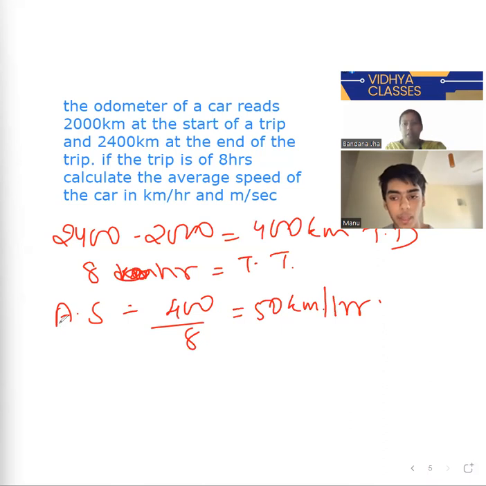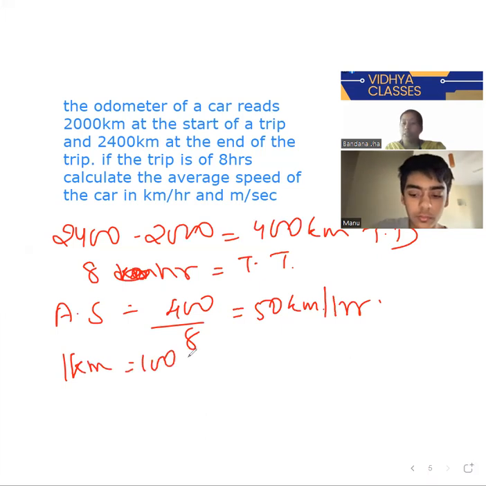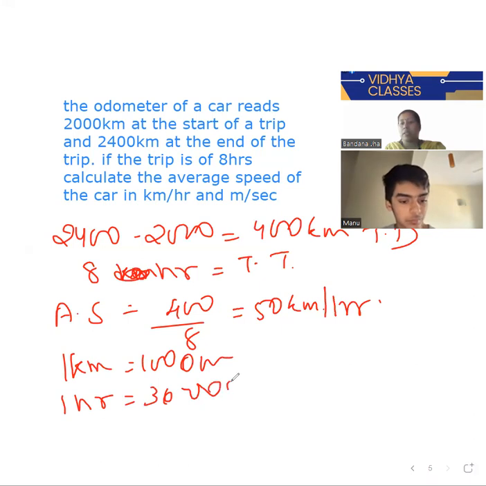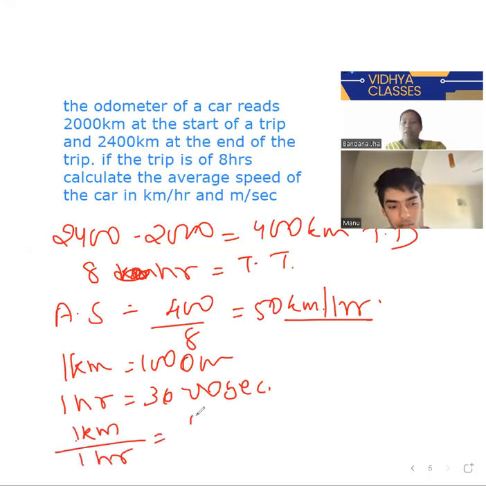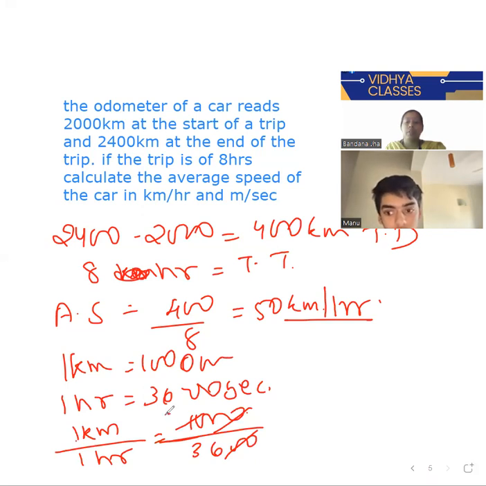The simplest way is this: 1 kilometer is equal to 1000 meter, and 1 hour is equal to 3600 seconds. I want kilometer per hour. So 1 kilometer upon 1 hour is equal to 1000 divided by 3600, which is 5 upon 18.